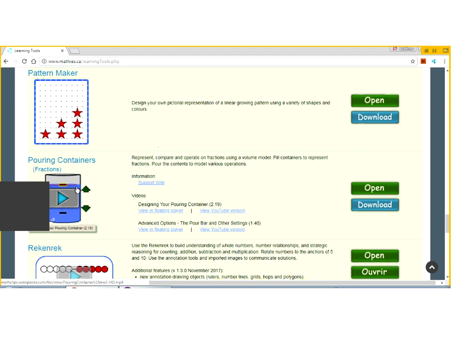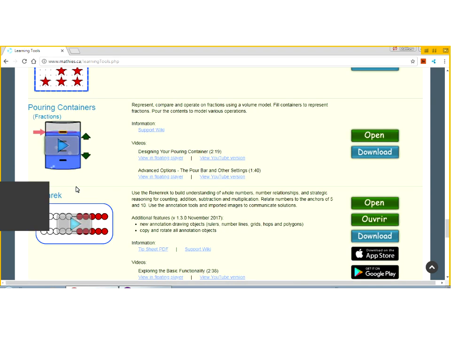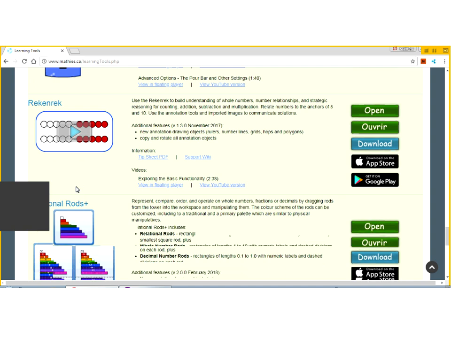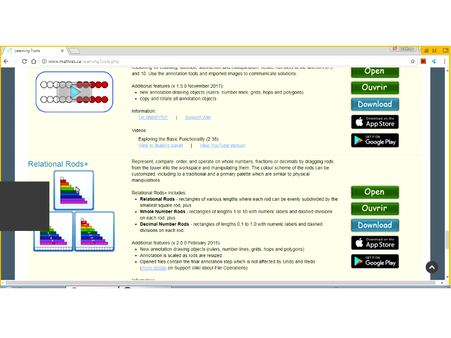So we can already see that we have a three-dimensional model, and if we're looking at the tiles and particularly the fraction strips, a two-dimensional or area model. Probably we could do something with the number lines if we wanted to. Number lines being possibly a one-dimensional model for fractions.